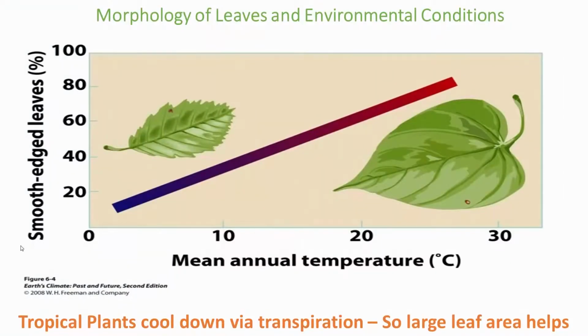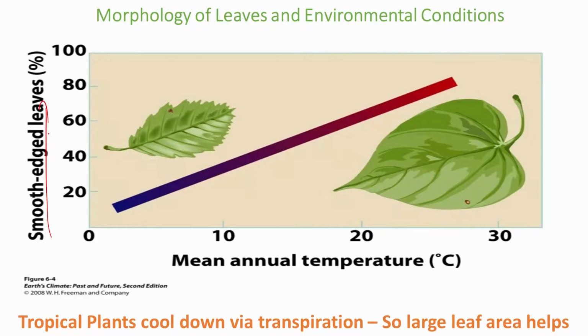So, here is an example showing the mean annual temperature on the horizontal axis, going from very cold temperatures at 0 degrees centigrade to tropical temperature of 30 degrees centigrade, and on the vertical axis we have the percentage of smooth edged leaves.